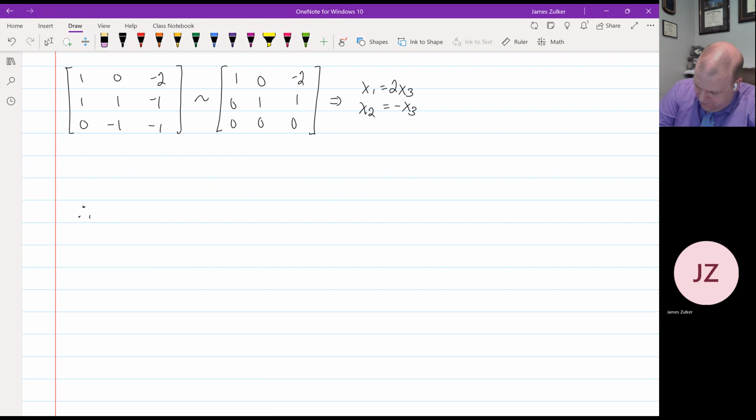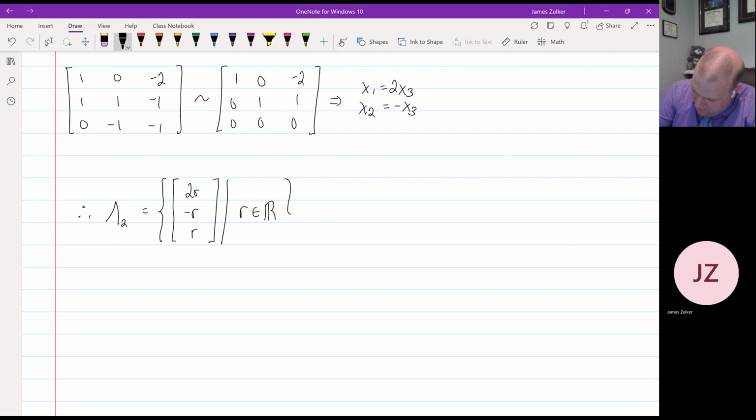So our second eigenspace is a set of vectors of the form 2r, negative r, r, such that r is any real number. That means a basis for this eigenspace is the set 2, negative 1, 1.